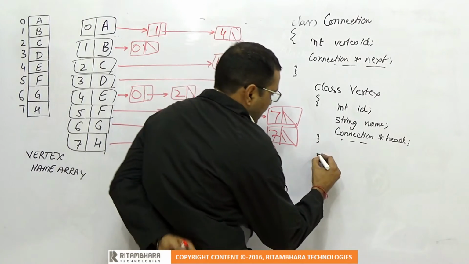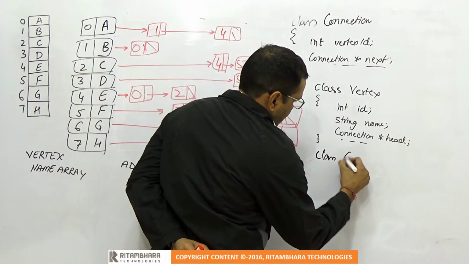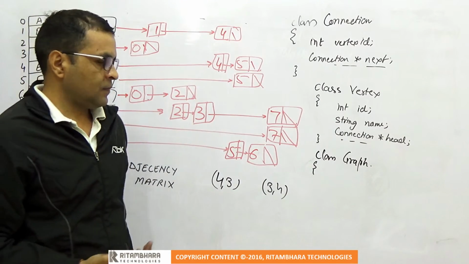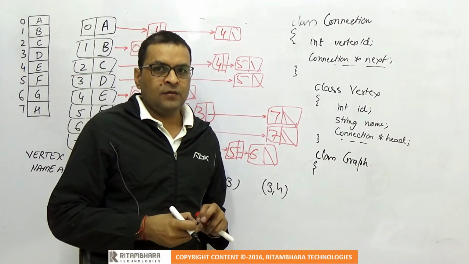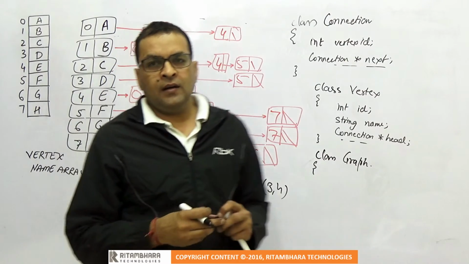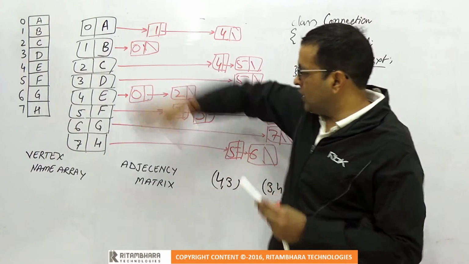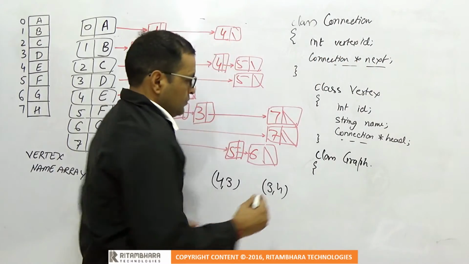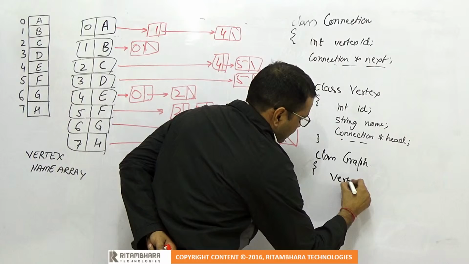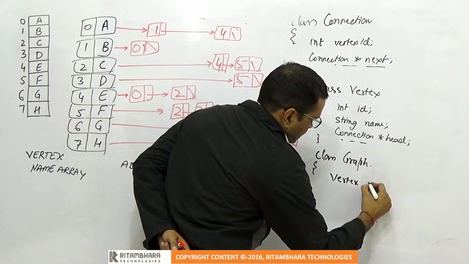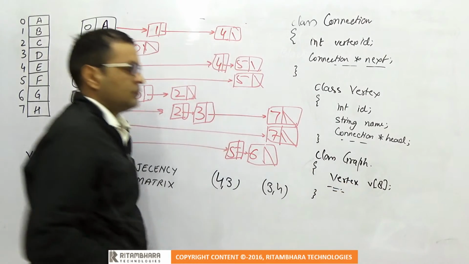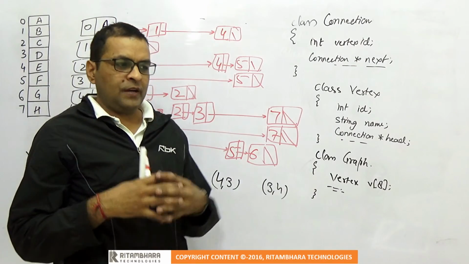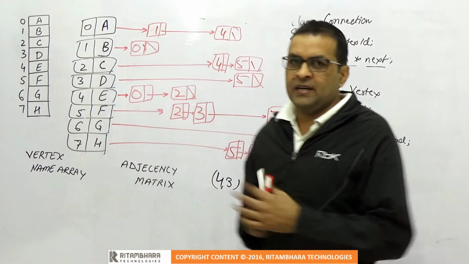And finally we have a graph class. In this graph class, what we have is the list of all the vertices, so we have an array of vertices, a vertex array. This is how we have designed this.